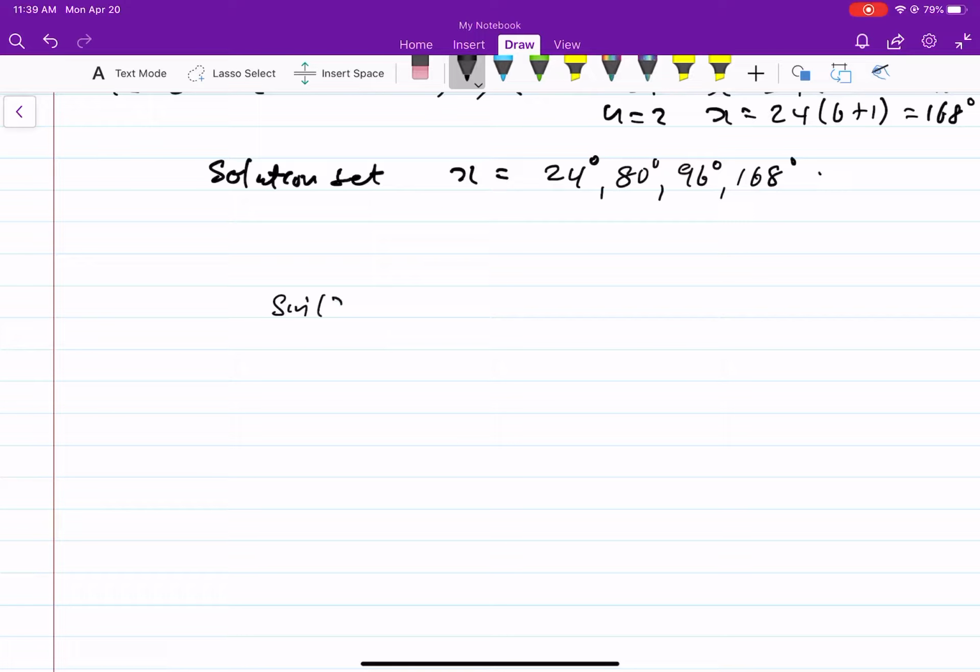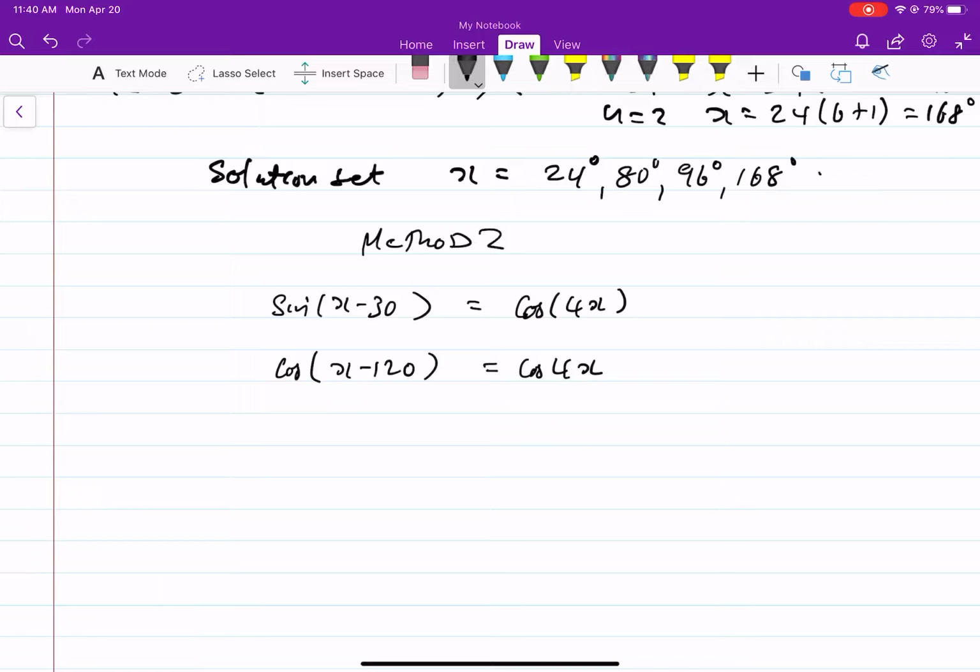Sine of x minus 30 is cos of 4x. I'm going to change it over to cos of x minus 120 is cos of 4x. From there, this is method 2.